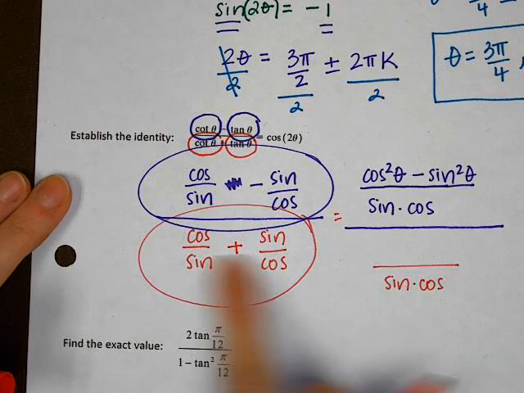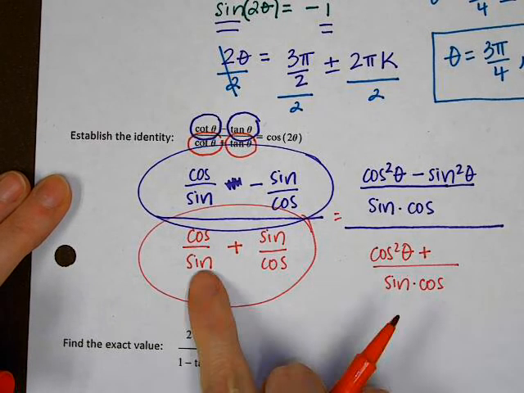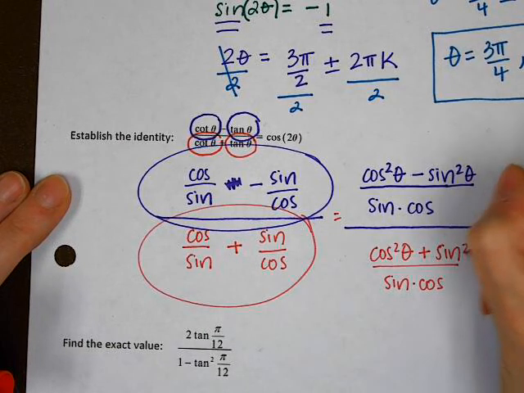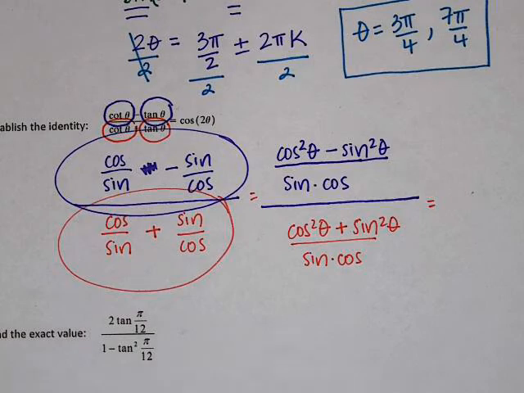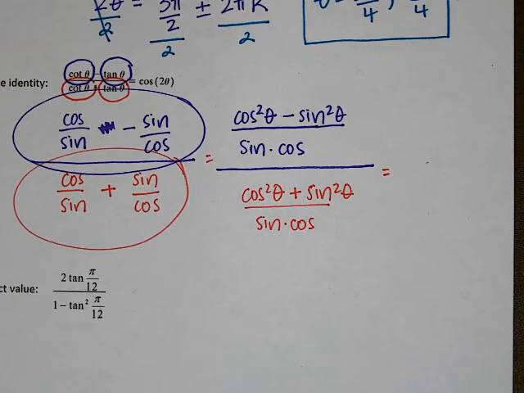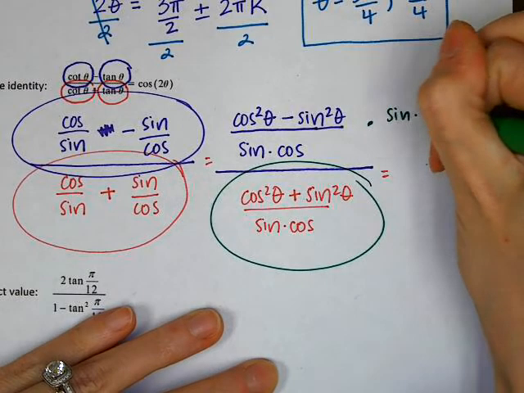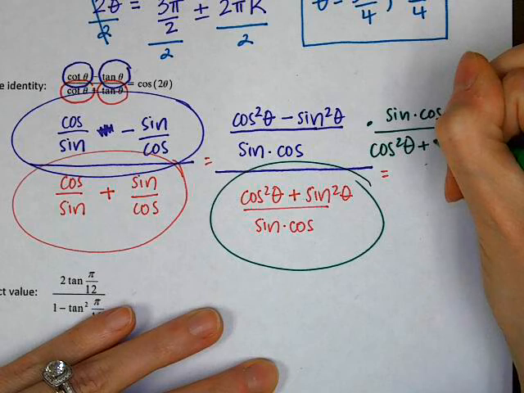And this one will need the cosine, so it becomes cosine squared, plus this one needs the sine, so it becomes sine squared. Okay. And then dividing is the same as multiplying by the reciprocal. So if you flip this and multiply, we're going to do that next.